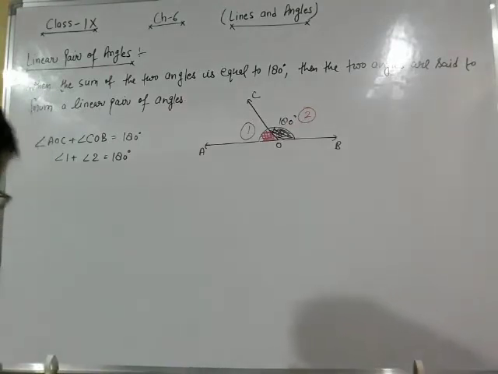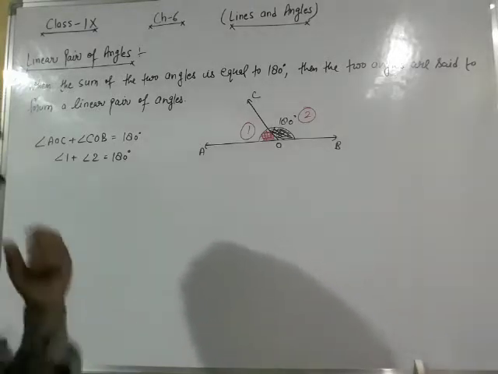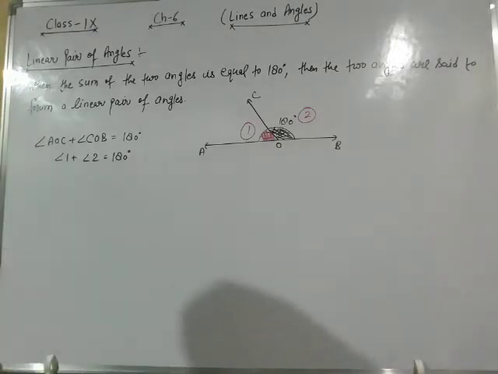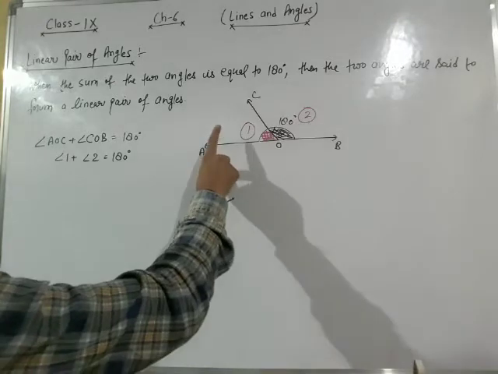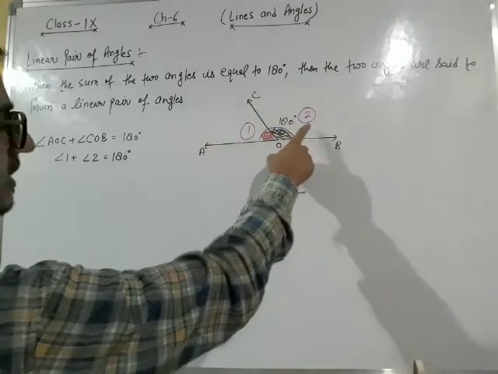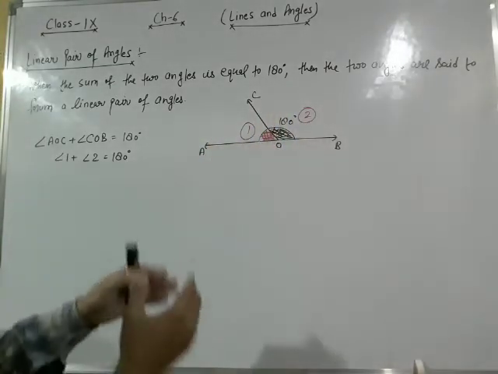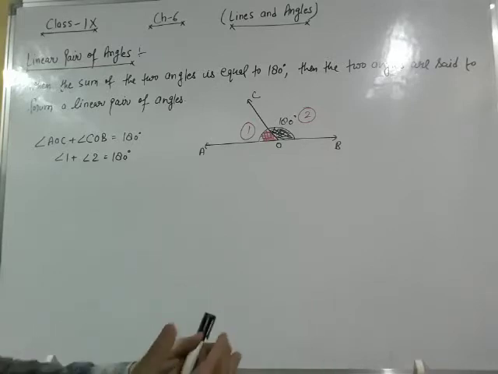Now I want to ask some questions, because in the previous video I told you about adjacent angles. Can you say that angle 1 and angle 2 are also adjacent angles? Think about it. I am repeating my question. In this diagram, are angle 1 and angle 2 adjacent angles? Yes or no?